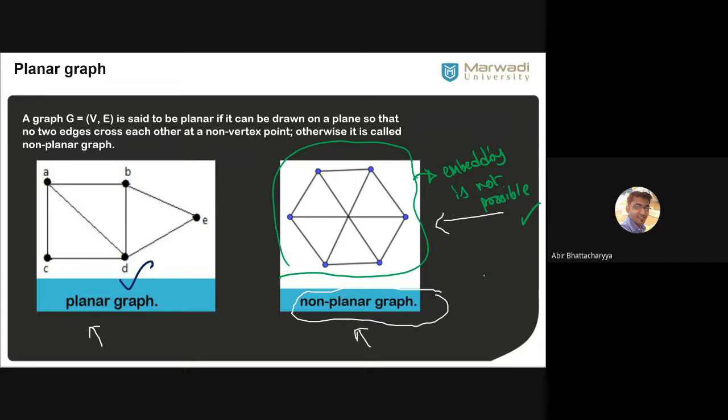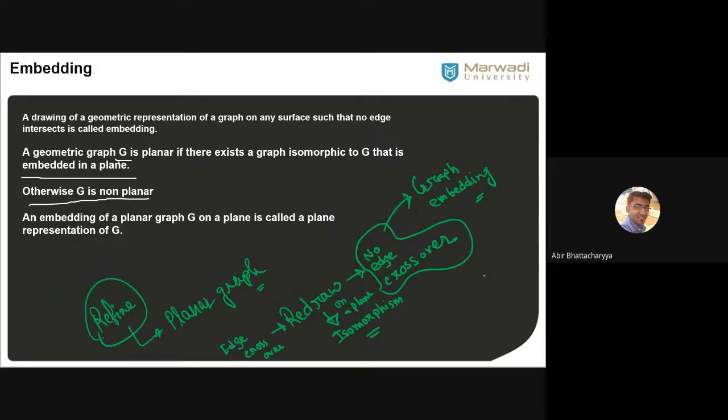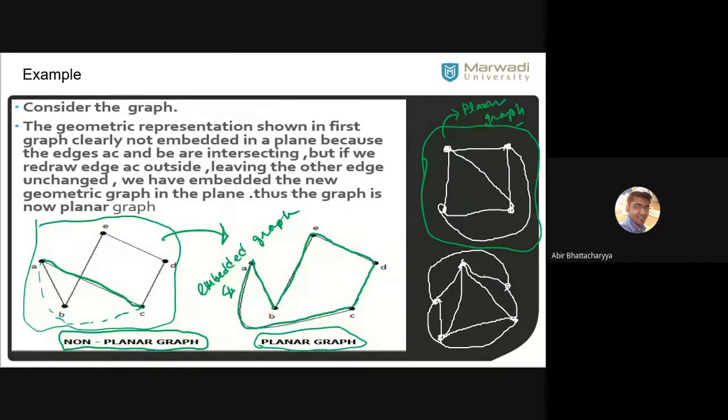You can try hard. Understand? So this graph is a non-planar graph. You cannot say this is a planar graph. Okay? Yes, if embedding exists, then it's going to be a planar graph. That non-planar becomes planar.